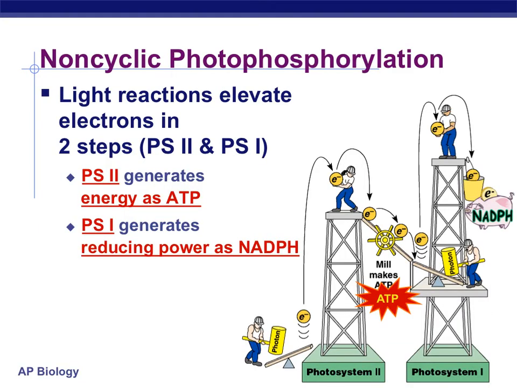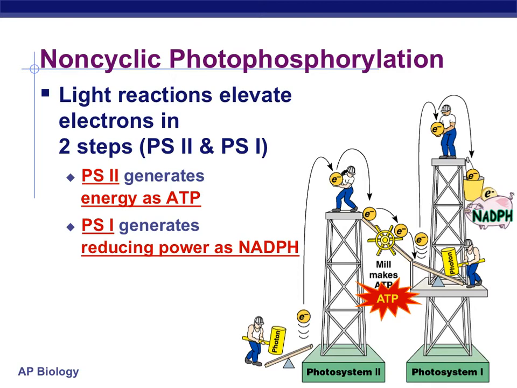So what we just discussed and what we looked at is called noncyclic phosphorylation, or noncyclic electron flow. And this involves both photosystem 1 and photosystem 2, where an electron from photosystem 1 is accepted by NADP to produce NADPH.